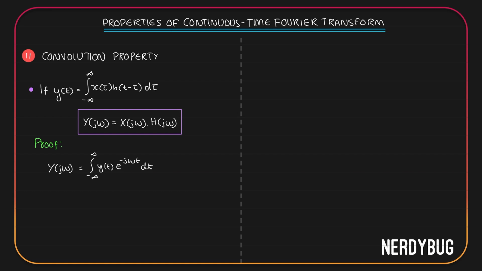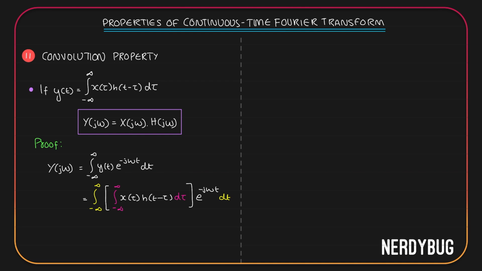But y of t is the convolution of x of t and h of t. So we can write this as the integral from minus infinity to infinity, of the integral from minus infinity to infinity x of tau h of t minus tau d tau, e raised to minus j omega t dt.